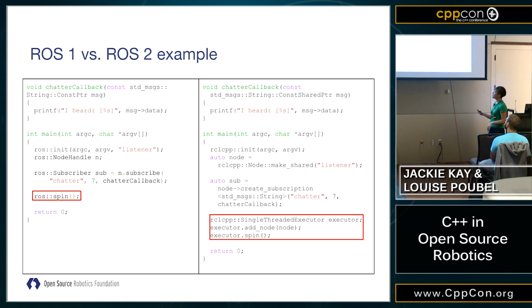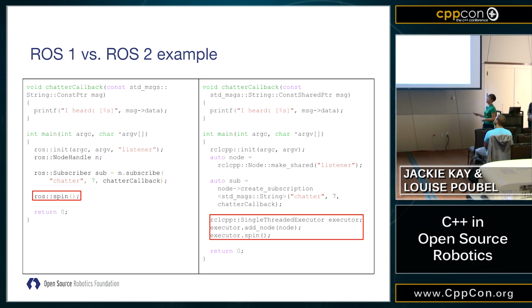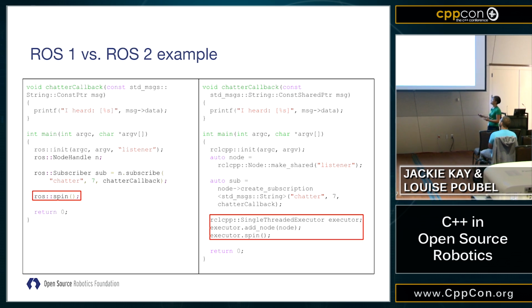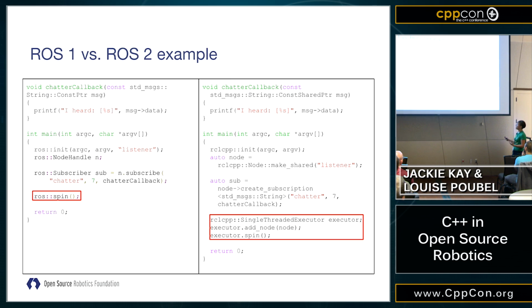In ROS2, there's a similar call that's just spin without any objects passed to it, but there's an alternative, which is you can instantiate an executor. And so we're exposing the executor to the user. The executor is just something that listens for all the DDS communication and gets the work that's going to come in on the network or via IPC, and executes it in a fashion that's specified by the user.